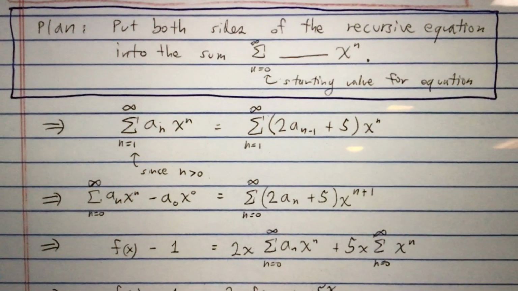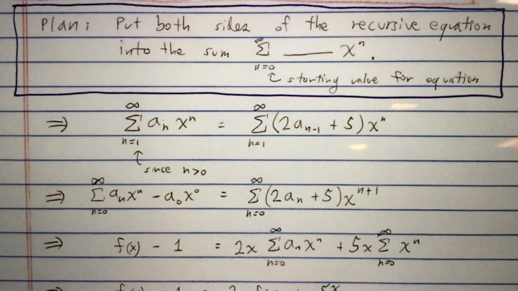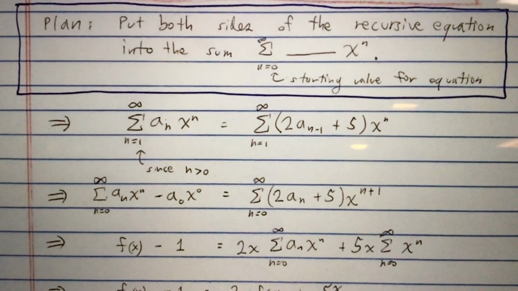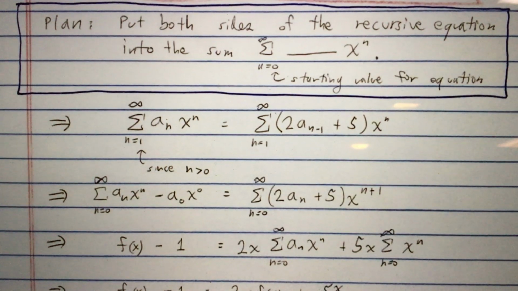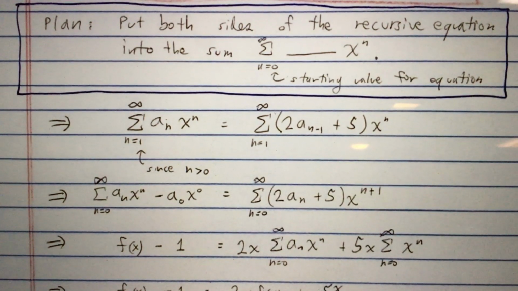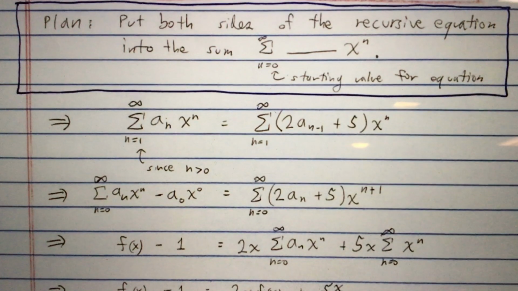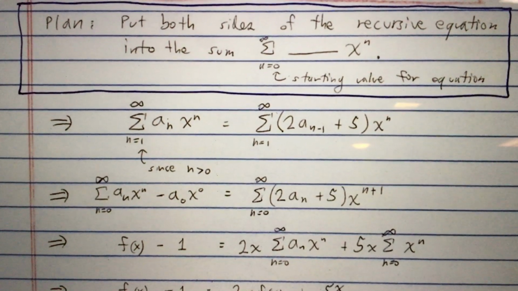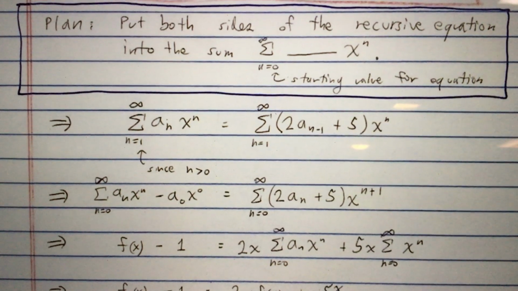So on the left-hand side, for instance, you have n equal 1 to infinity. I can start that at 0. If I started at 0, though, I better not change anything else about the function. So in the second line, on the left-hand side, I actually added 0 and subtracted 0.